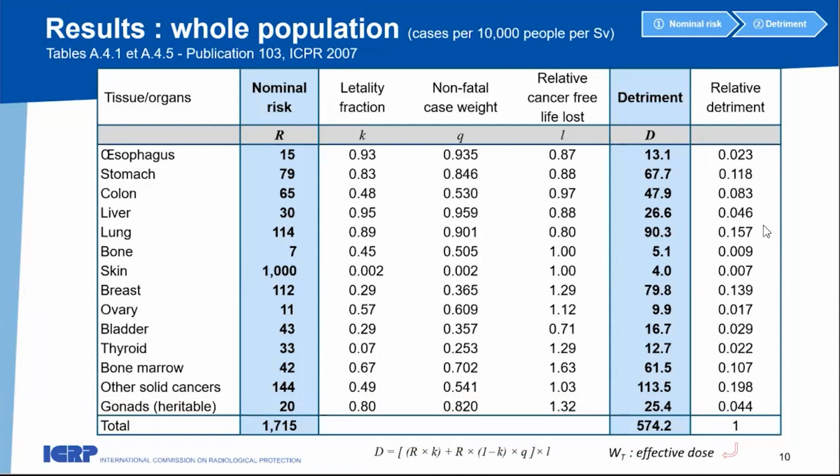They launched something on cardiovascular disease. This year it will be neurodegenerative effects, cognitive effects. Next year it will be cataract and lens opacities. And in 2025, they intend to have an overarching report on non-cancer disease, and in this one, heritable effect is considered.